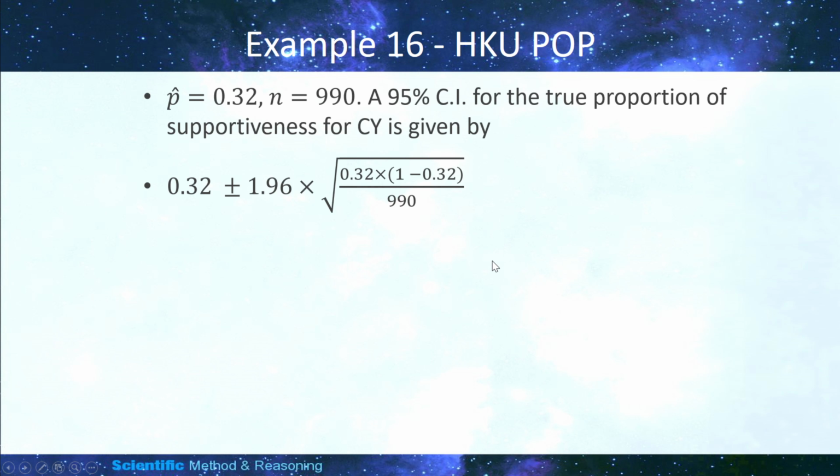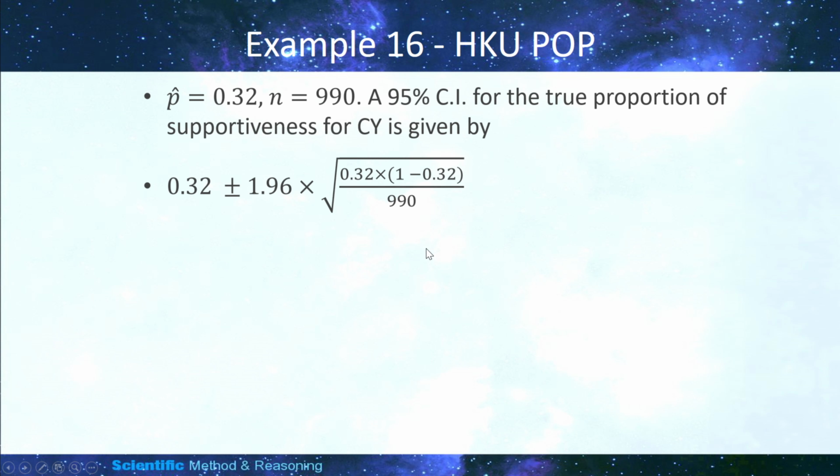Okay? And therefore, if you go back to the Hong Kong UPOP example of CY, now p hat equals 0.32 based on a random sample of size 990. A 95% confidence interval for the true proportion of supportiveness for CY is given by p hat plus or minus 1.96, because of the 95% confidence interval, multiplied by the square root of p hat times 1 minus p hat over n.